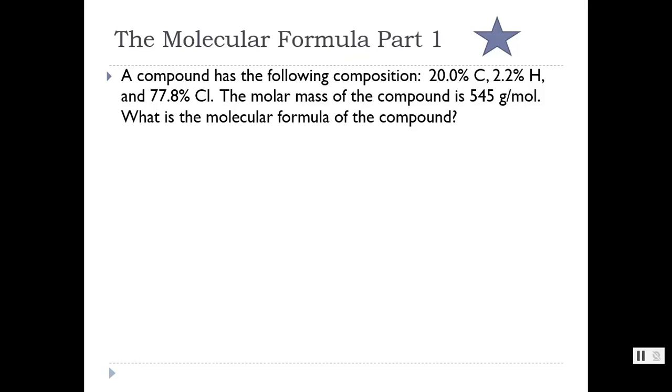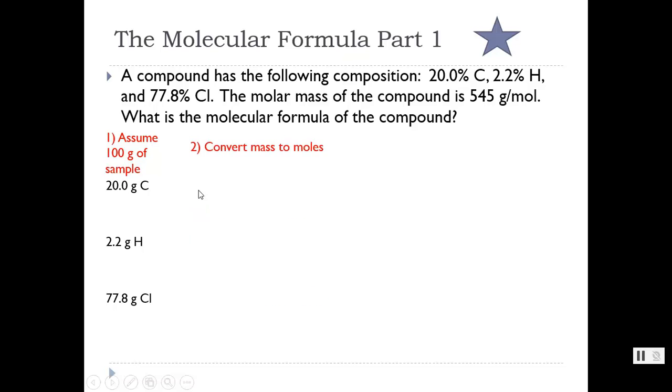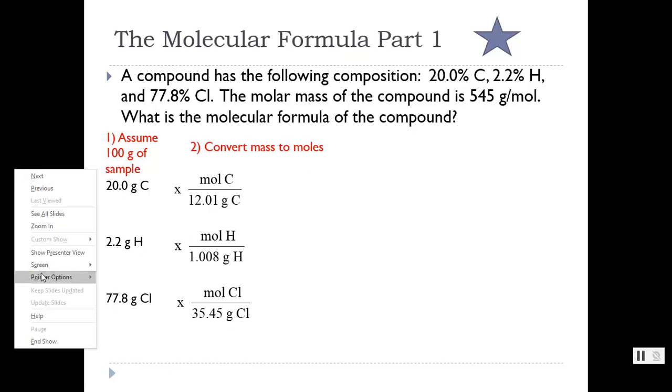So we're going to go through the 3 steps that we've talked about in the previous videos to find empirical formula. First being we need to assume a 100-gram sample, so our mass percents automatically become grams. You can just chop off the percent sign and put grams. Convert those grams, that mass, to moles using the molar mass for each element.